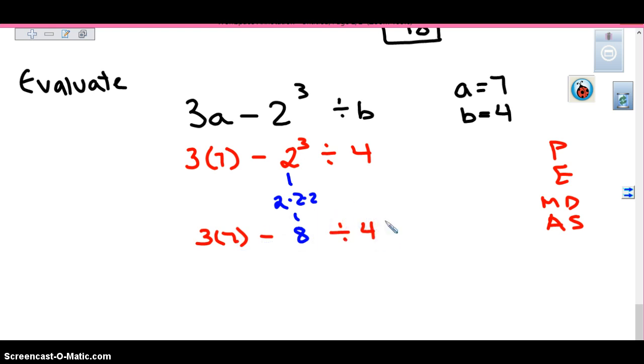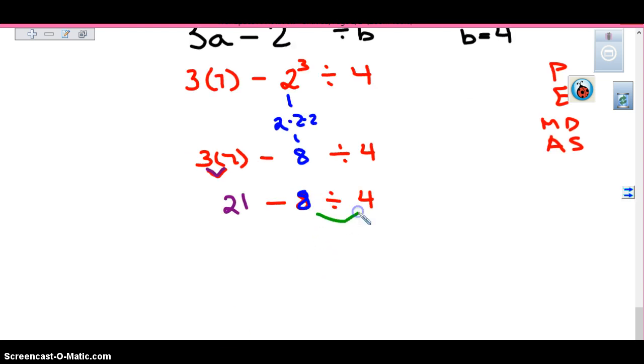What do we do next? Multiplication and division. So what comes first? Multiplication. Do we have multiplication? Yes, right here. What's 3 times 7? 21 minus 8 divided by 4. What comes next?